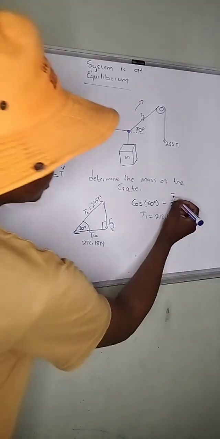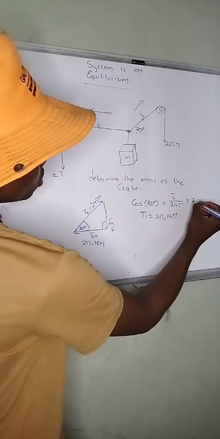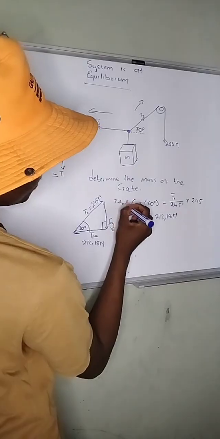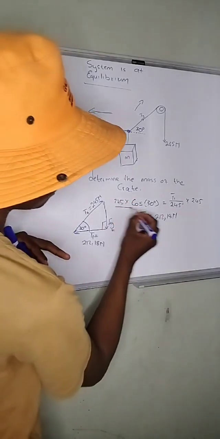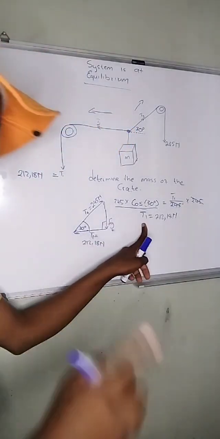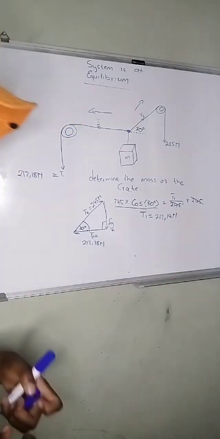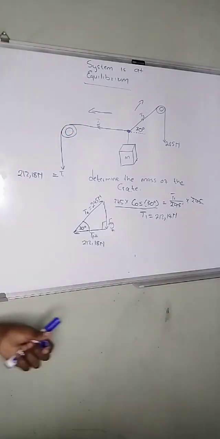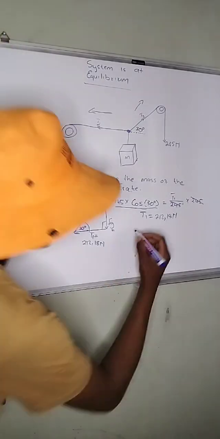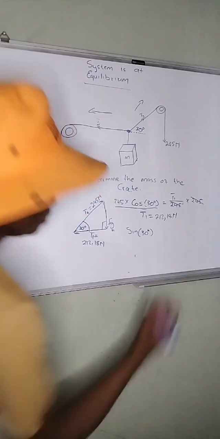Because if I were to determine T1, I'll multiply both sides with 245 and times 245. But here, if I multiply this and that, they cancel each other. It becomes the way you've written it. It's just math, man. So here, guys, I can use sine 30.